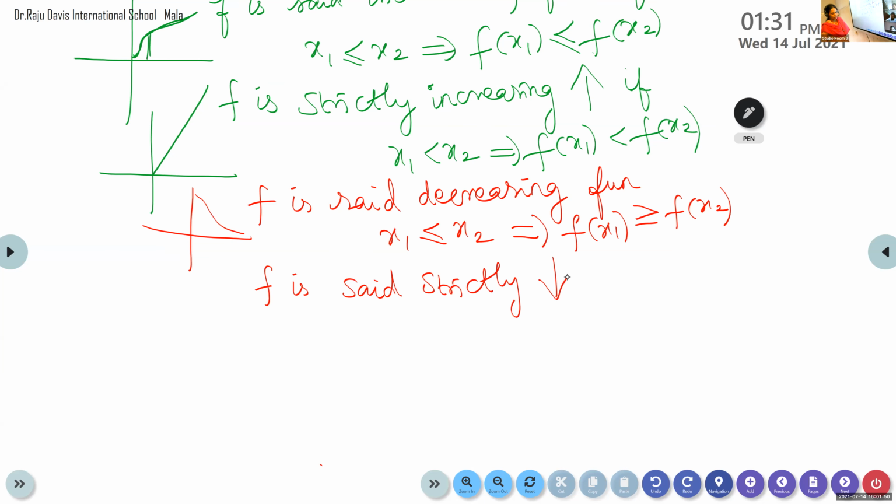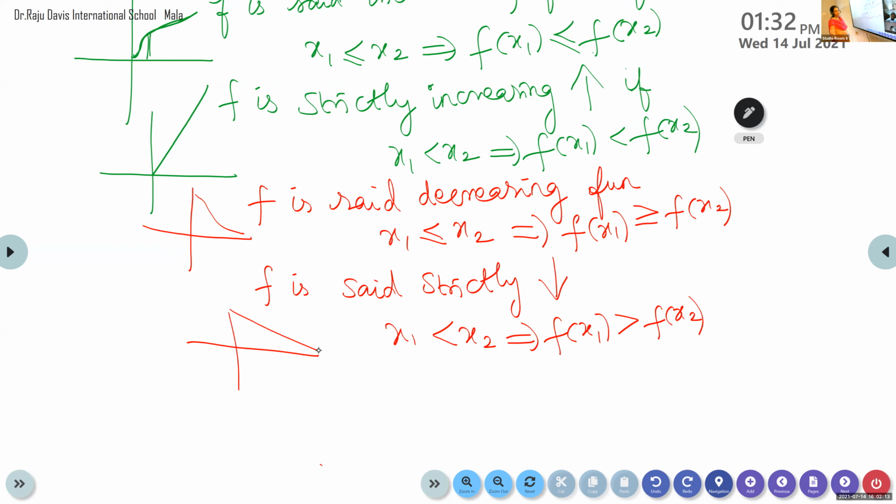If the arrow is downward, it means decreasing. Upward arrow means increasing. So f is said to be strictly decreasing if x1 is less than x2 implies f of x1 is strictly greater than f of x2. So here also we will get a straight line coming like this. As x increases, f of x value is also decreasing. Is it clear, children?